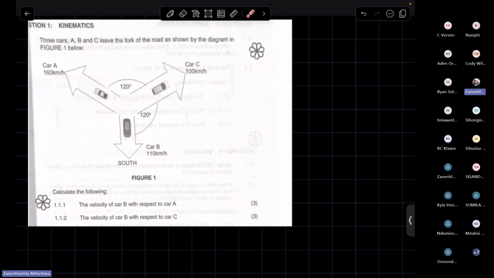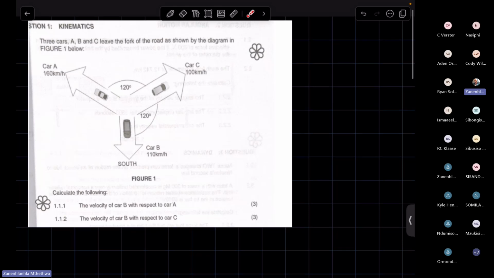Now, probably for most of you, the method of components is the method that you are going to resonate with because you are used to resolving oblique vectors into their components. You are more familiar with applying conditions of equilibrium.